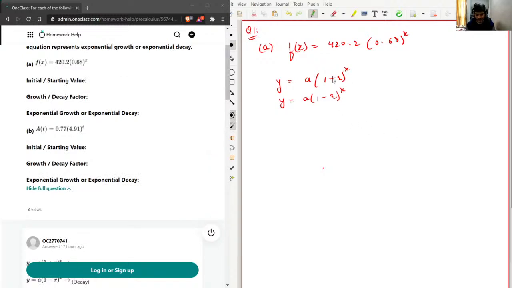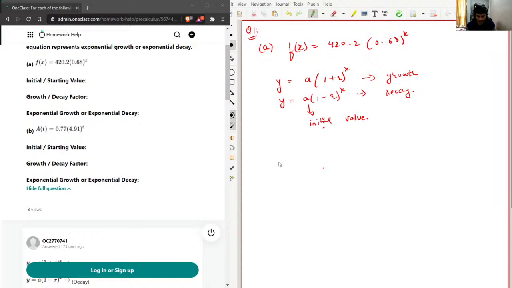In the case where we have a positive sign here, it will be growth, and for the case where we have a negative sign, it is going to be a decay, and this a is going to be our initial value.